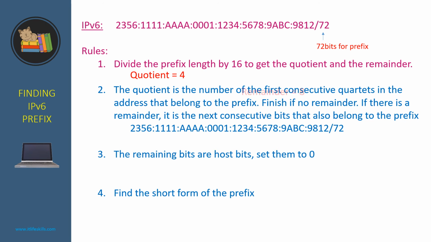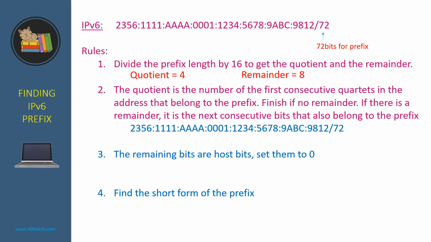the remainder is 8. Step 2 tells us that the quotient is the number of the first consecutive quartets in the address that belong to the prefix. Finish if no remainder. If there is a remainder, it is the next consecutive bits that also belong to the prefix.